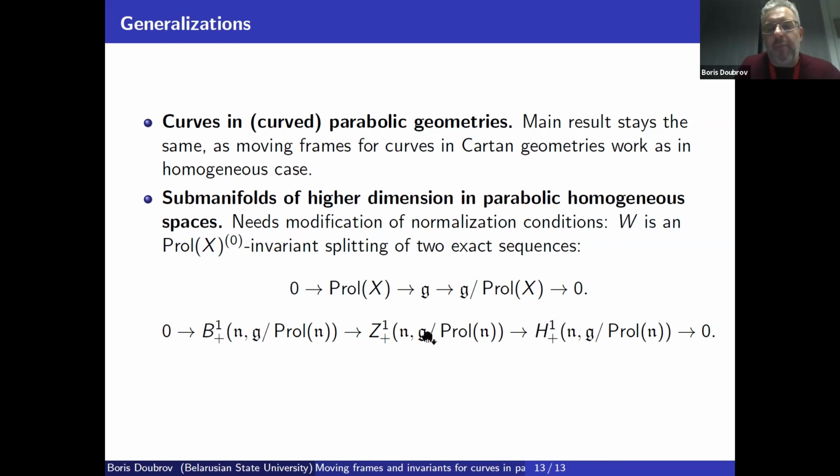And probably you recognize here that when I speak about something that is complementary to the image of X, that's exactly the image of this map, when n is just spanned by one element X. But again, we will speak about these exact sequences and splittings and normalization conditions and what kind of cohomology we get next time.